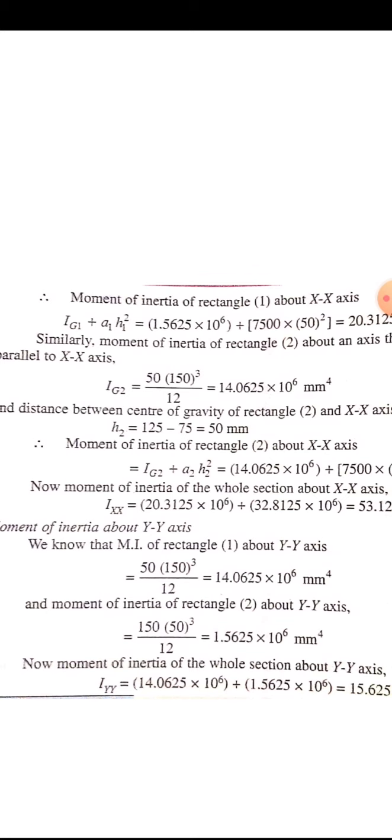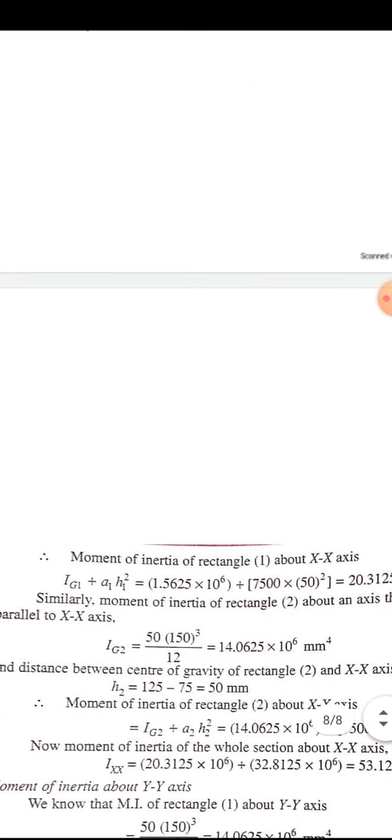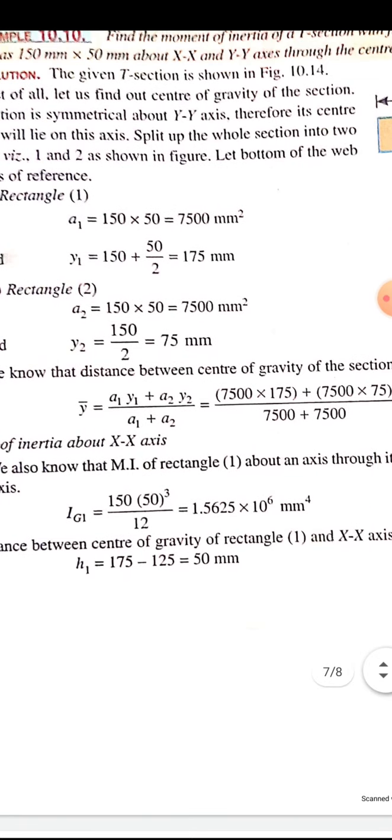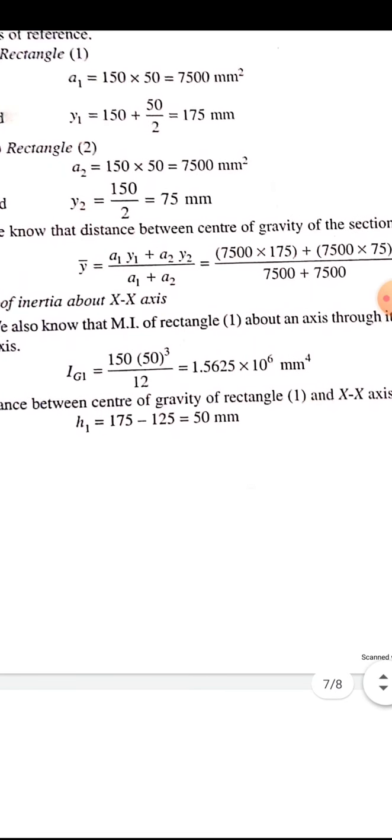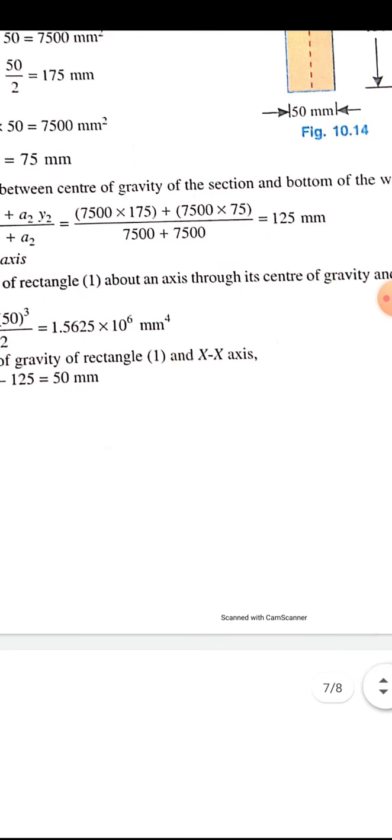Look, 125 minus 75, 125 is y bar, minus y2. In the case of rectangular 2, y2 equal to 75 mm, y bar equal to 125.